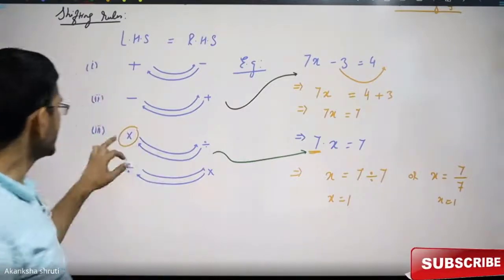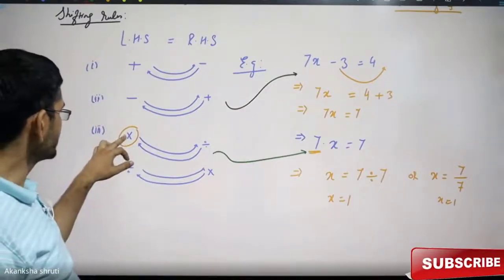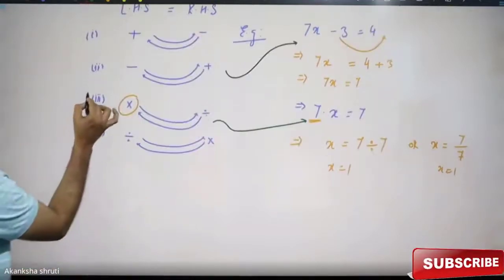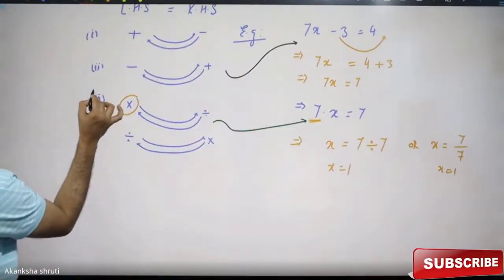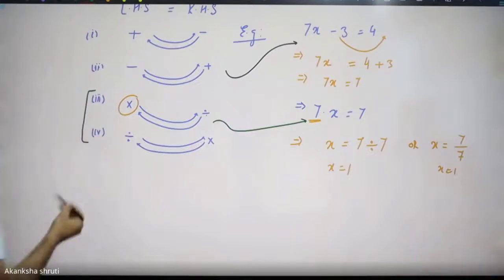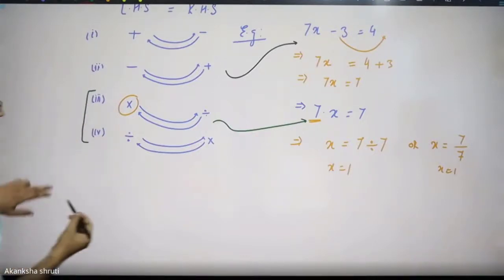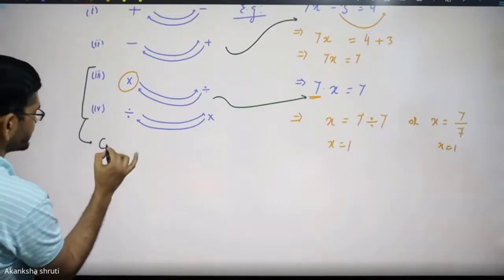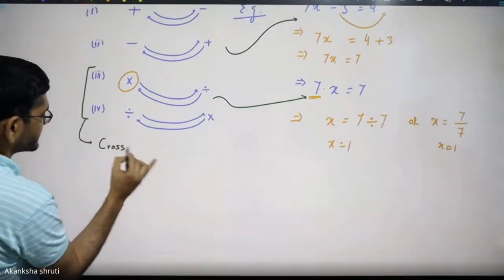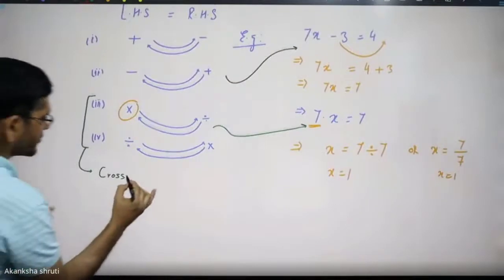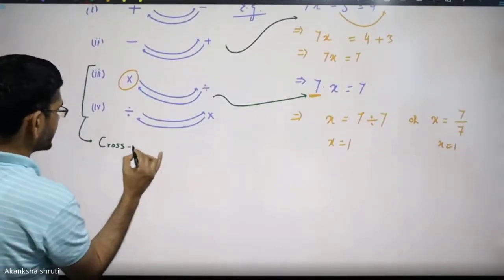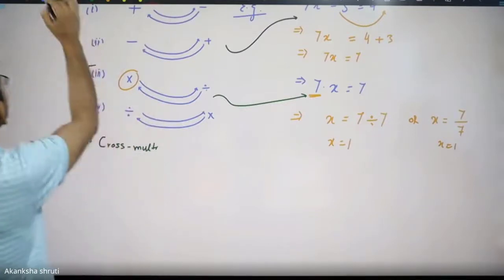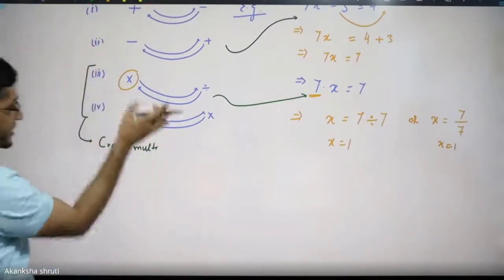Students, many a time this second and third rule is written in the cross multiplication form, but it means the same thing. Why am I writing it in a different form?